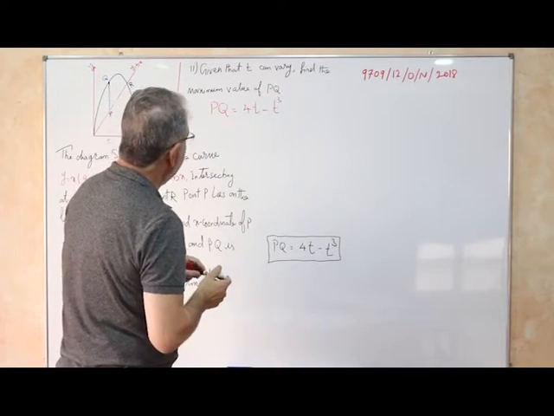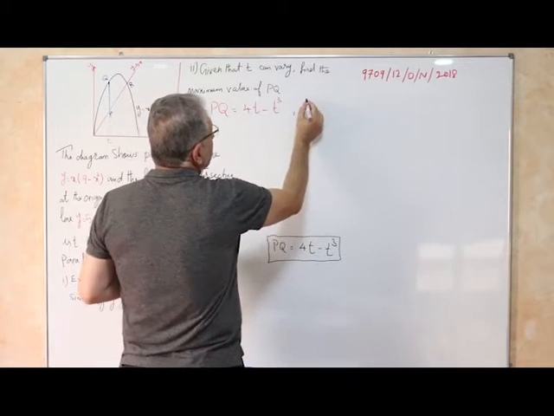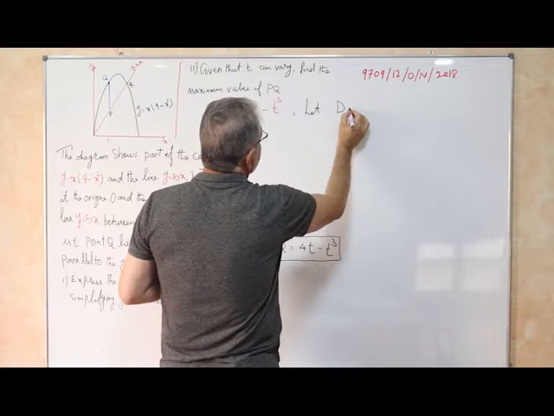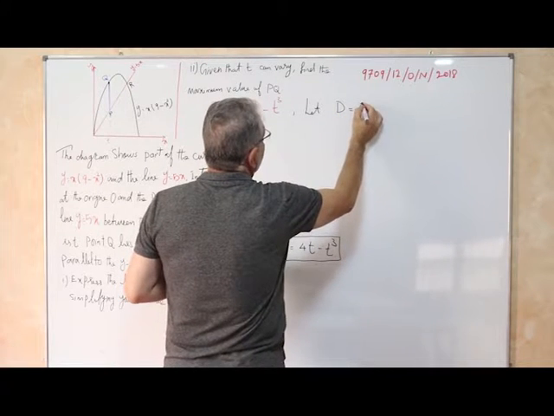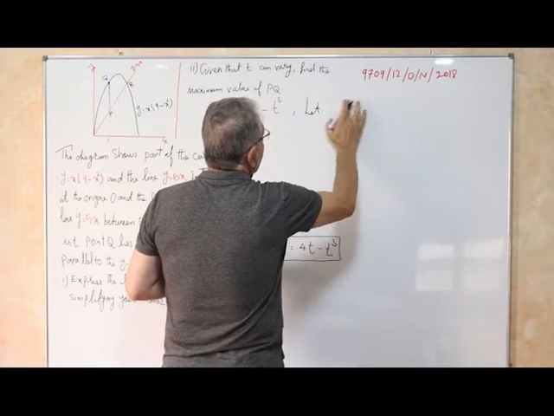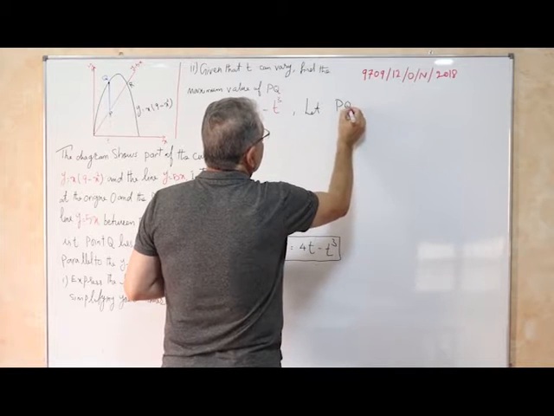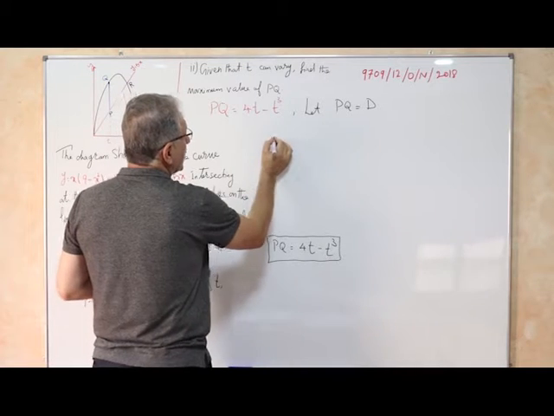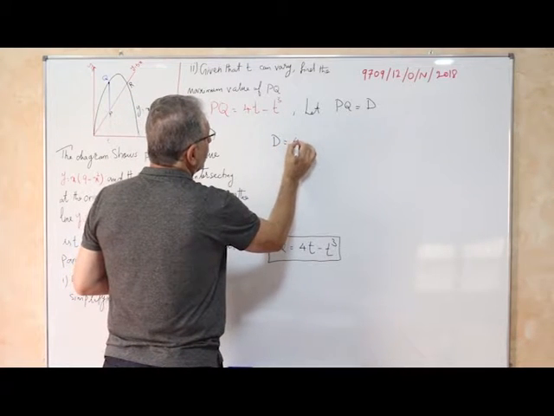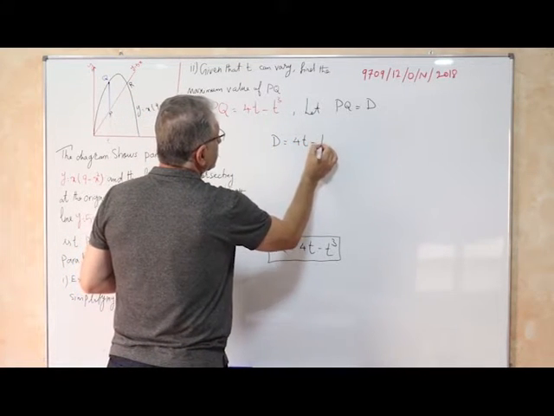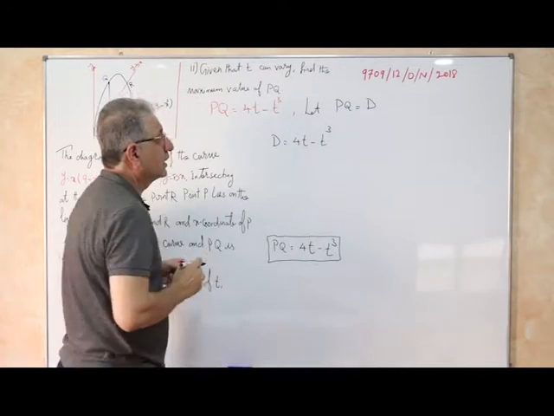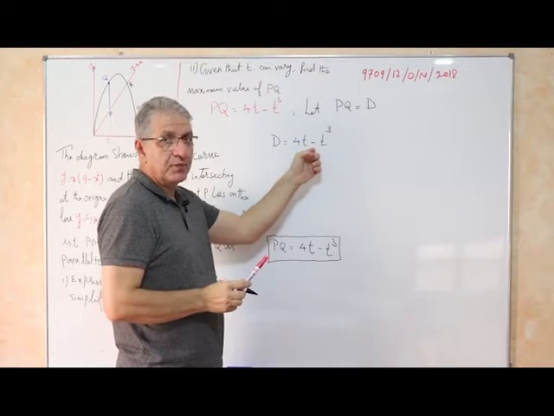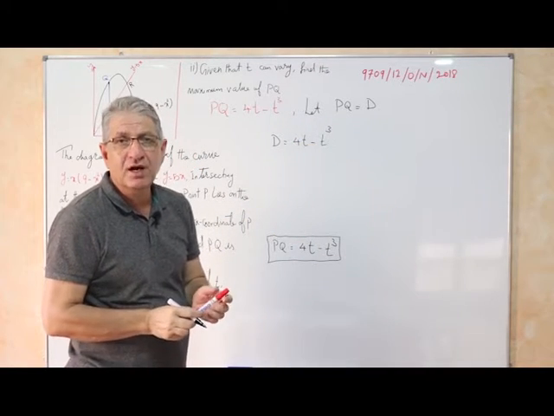Now, for simplicity, let PQ be denoted by capital D, distance. Therefore, we have a function D equal to 4t minus t cubed. So we have a function D in terms of t. Now we want to find the maximum value of that.